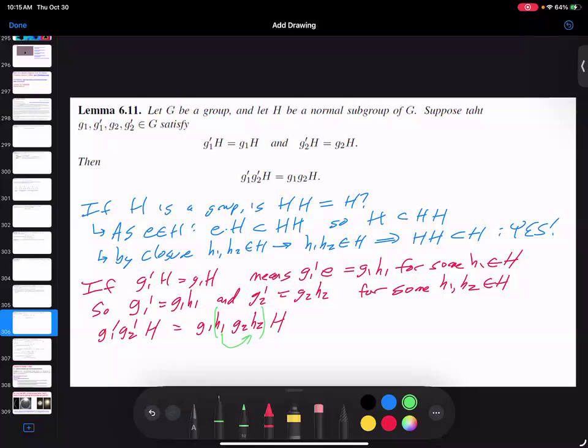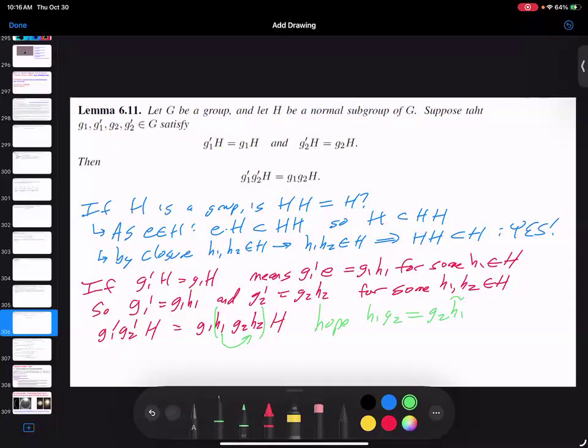Why do you think we can move the h1 to the right of g2? So the hope is h1 g2 equals g2 h1 tilde. Why do you think we should be able to move it over? What property of H do you think we're using? Commutative? We don't know H is commutative.